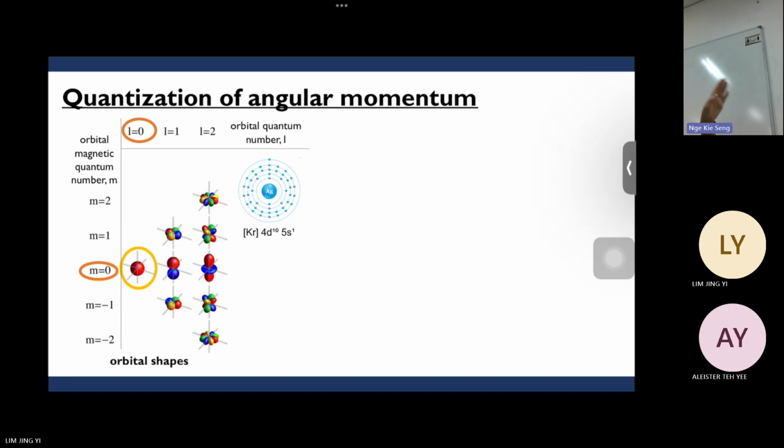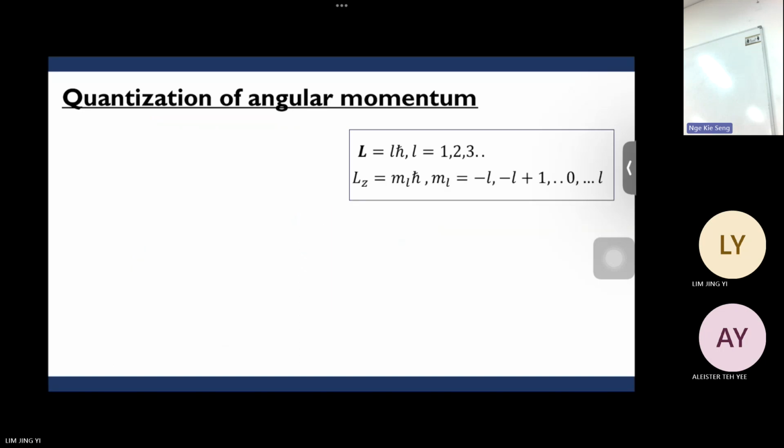The orbital angular momentum, the bolded L, equals 0. But the angular momentum along the z-axis should have only one component, because ml can only take the value of 0, so Lz has one component. We will show this in the next slides.